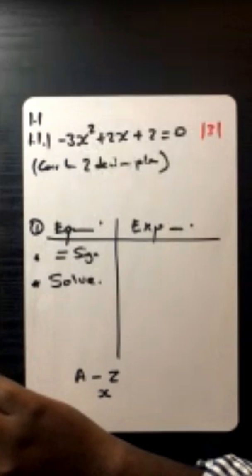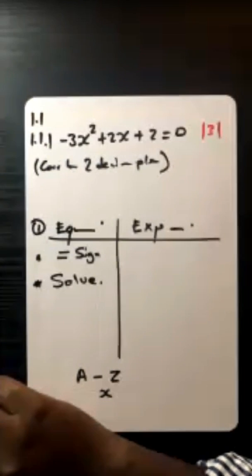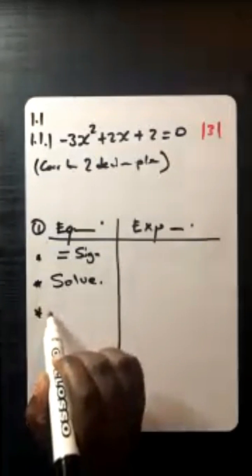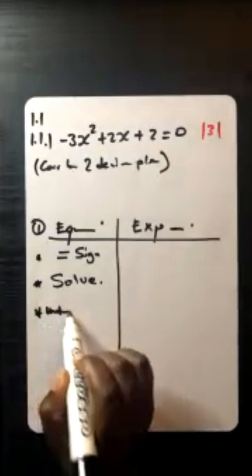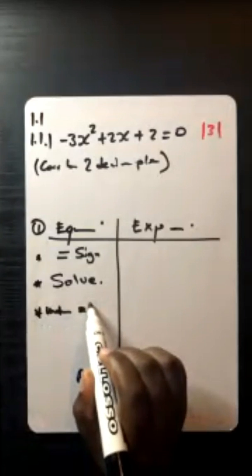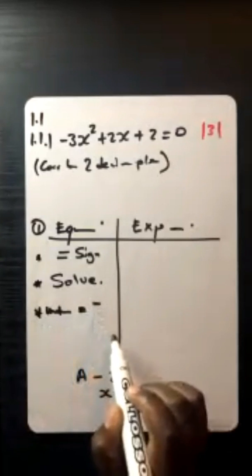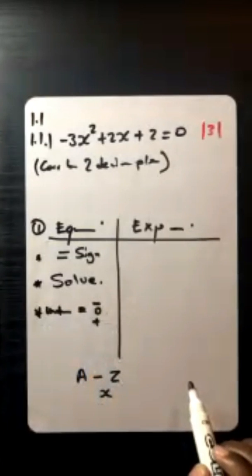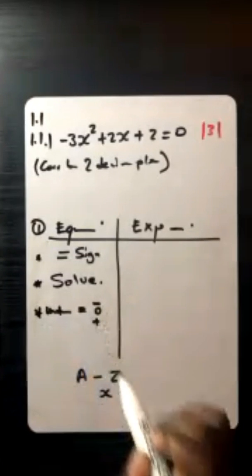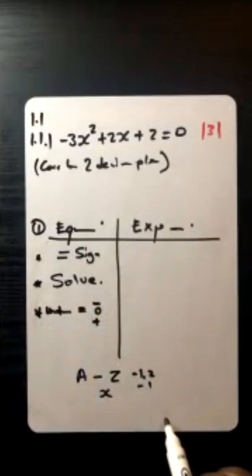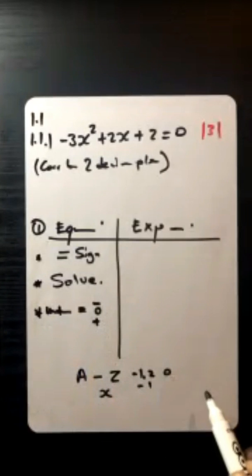So which means we need to solve for the value of X. What does it mean? It means in the end, we must say the unknown, whatever letter it is, equals a number, which could be a negative number, it could be 0, it could be a positive number. Remember, ladies and gentlemen, a negative number could be negative 1.2, it could be just negative 1, it could be 0.